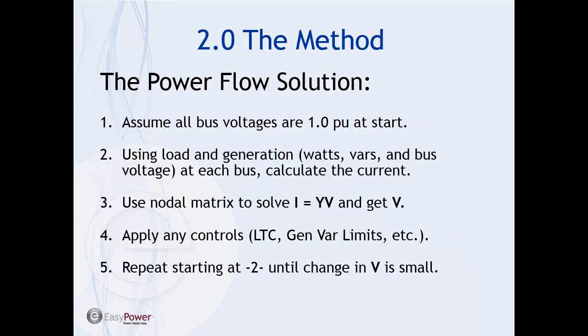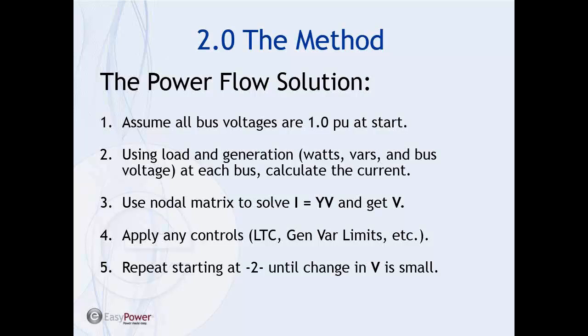And in most cases, I would say, in EasyPower, it definitely is the case, we start all bus voltages at 1 per unit. So we set them at nominal across the entire system. And then using our loads and our generations at each bus, we calculate the current for that voltage.